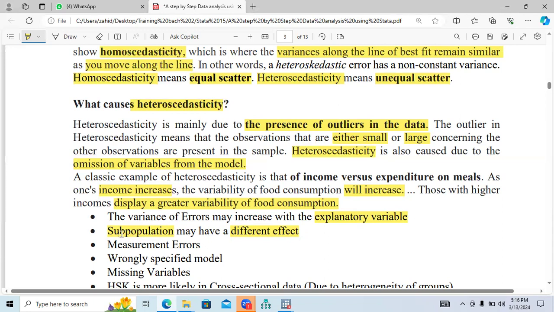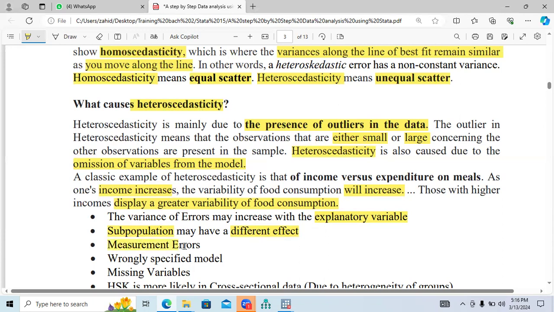So when there is a subpopulation within your target data, then there might be different effects. In that case, there is a high chance of heteroscedasticity, because each subpopulation may have its own characteristics.